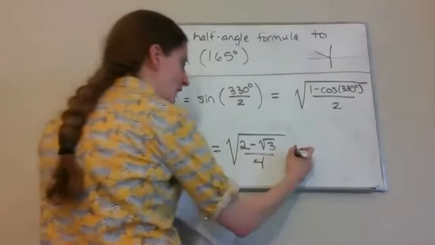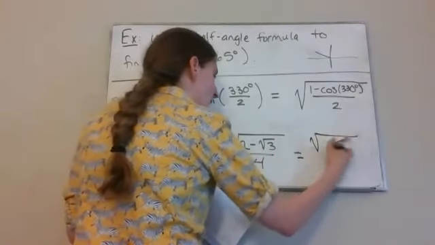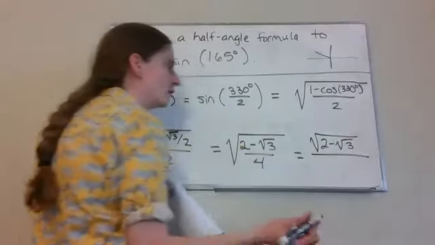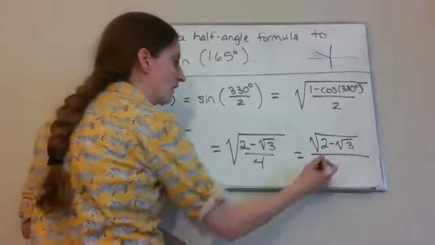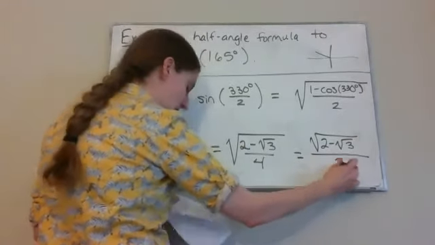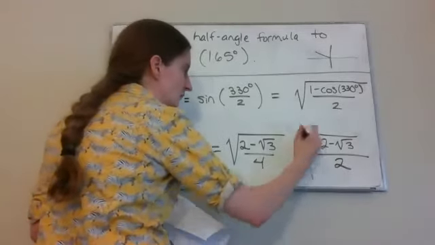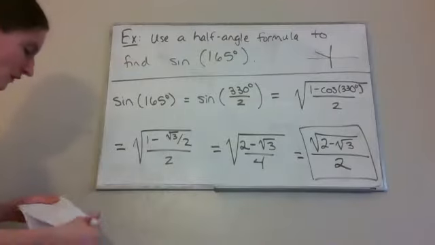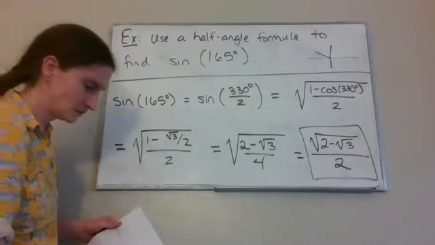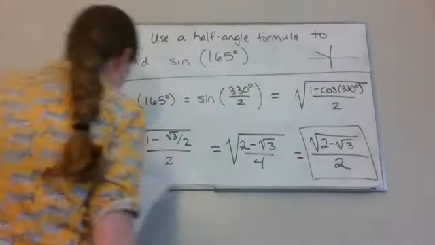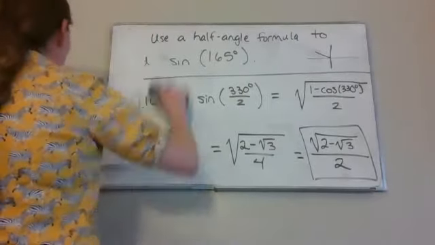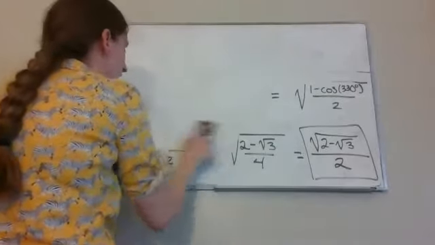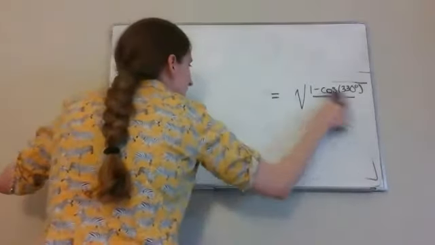I can simplify the square root a little bit. Can't do anything about that square root of 2 minus square root 3, but the square root of 4 in the bottom is 2. So there is my final answer, fully simplified. Let's do one more example where we are going to use all of the half angle formulas.